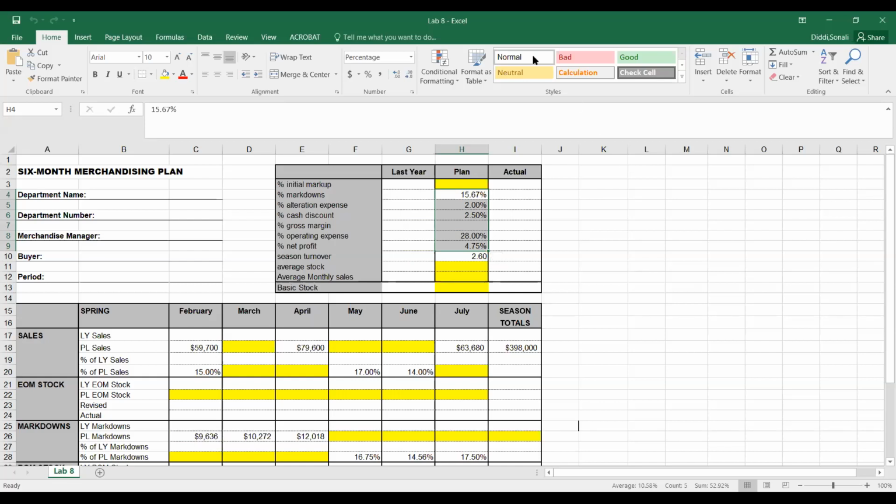If you don't have any questions, we should be okay. I want you to work on this independently. We may have more Zoom sessions on Wednesday and Friday to work on more merchandise plans.